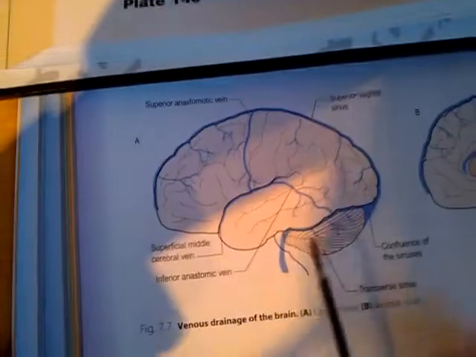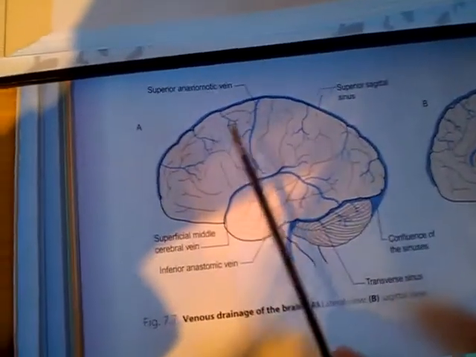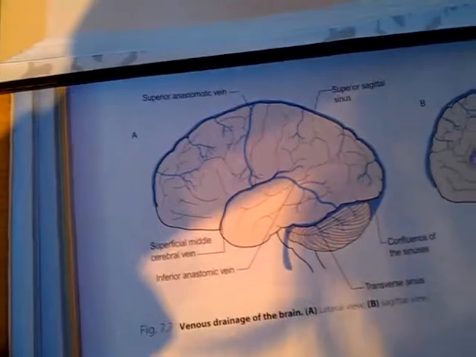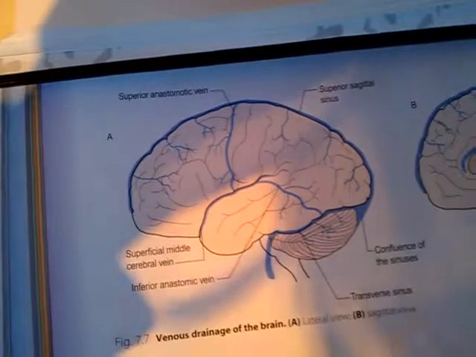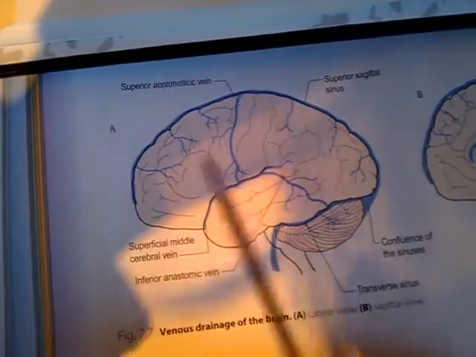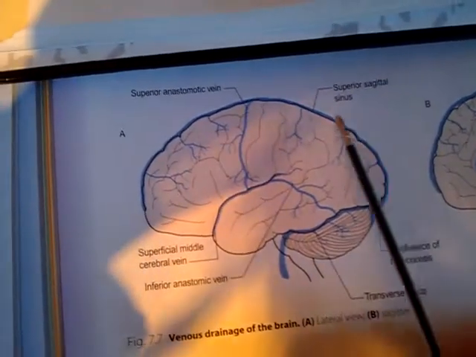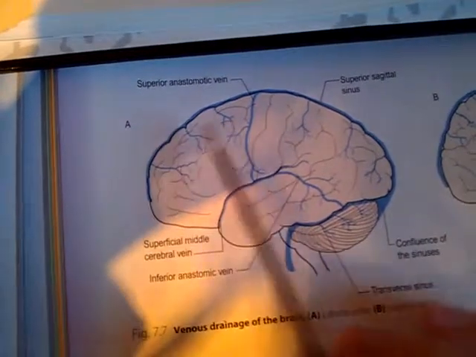Now the superficial cerebral veins drain the white matter, basal nuclei, and they drain blood from the cortex. The superior cerebral veins open into the superior sagittal sinus.